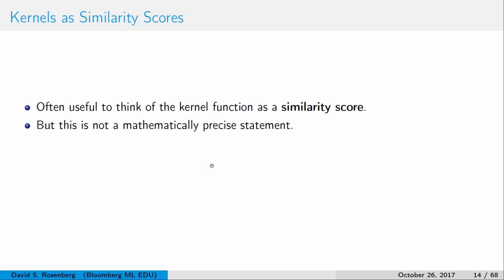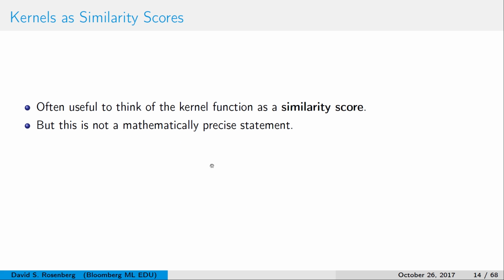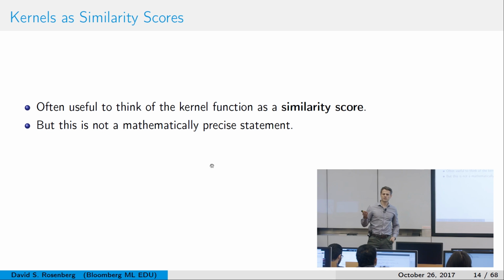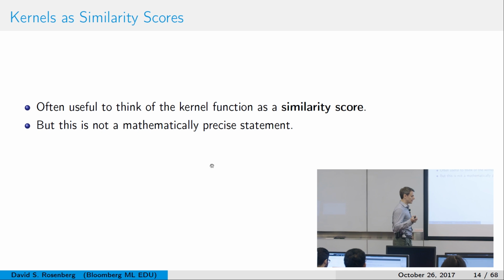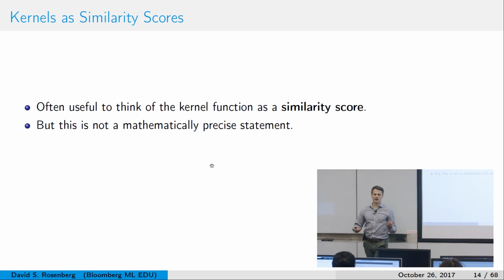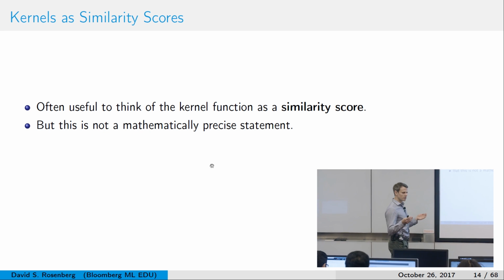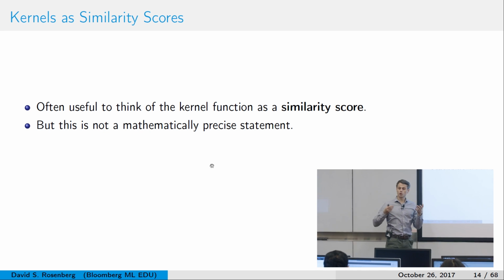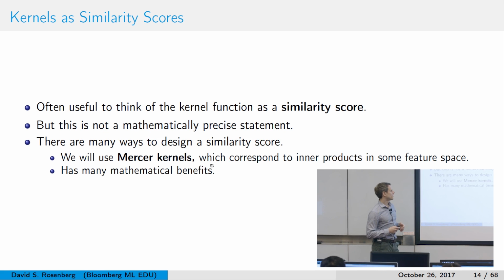All right. So how should we think about this k? I find it useful, in most situations, to think of it as a similarity function. It's not a mathematically precise statement. Precisely, we'll take our kernels to be inner products, but in most situations, intuitively, and for the kernels that people usually use, similarity score is a reasonable way to think about it.